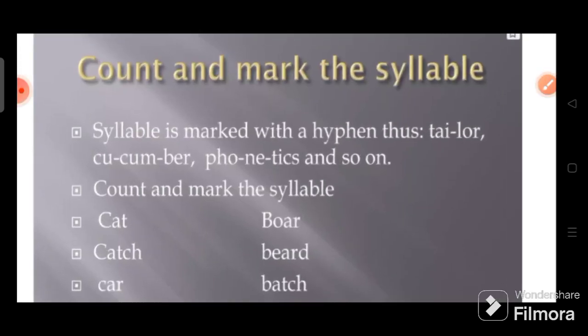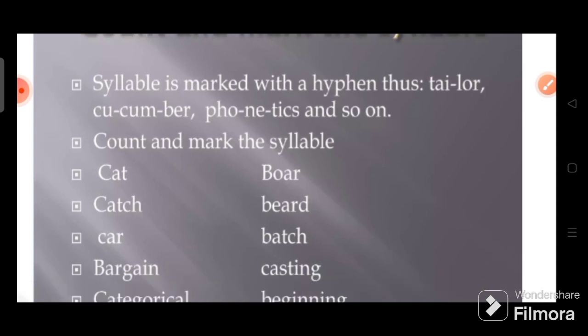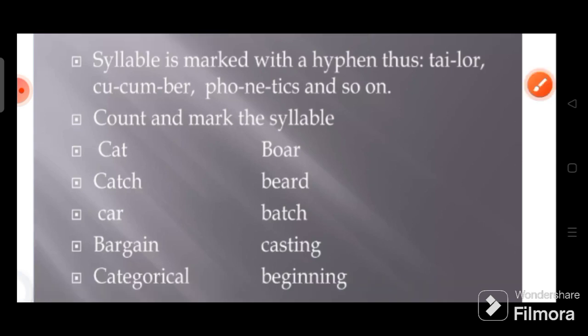Next, count and mark the syllable. How do you count and mark the syllable? A syllable is marked with a hyphen. For example, see, Taylor, cucumber, phonetics, and so on. There are some syllables in these words. There are words like cat, catch, car, boar, beard, batch, casting, categorical and beginning.